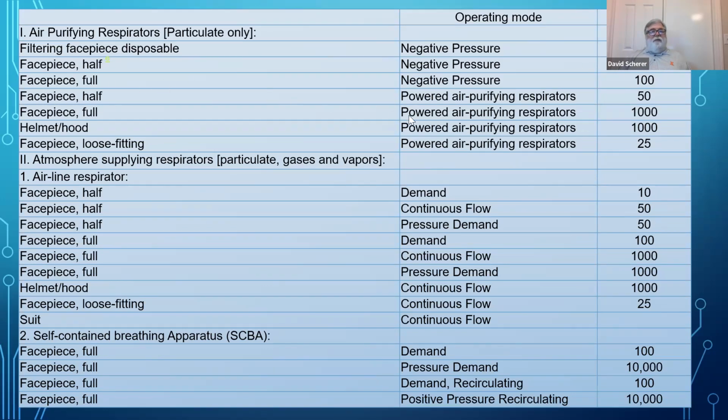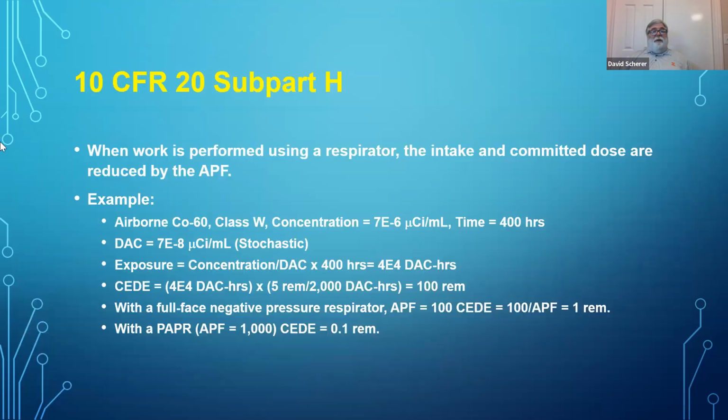A full face negative pressure respirator, 100 to 1, et cetera. A loose fitting face piece respirator, like we've been wearing the last couple of years, might be 25 to 1, although these require seals, and those things aren't typically fit. Anyway, you can see some of the protective factors. I want to show you how that's used.